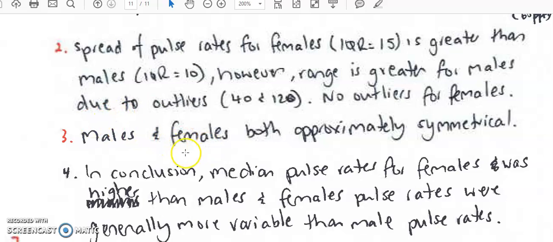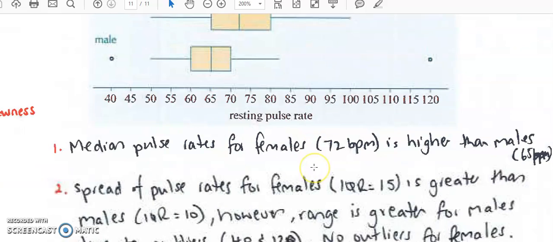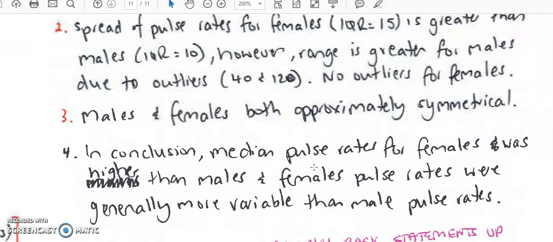You just put a side note that the males' box plot is symmetrical based on the condition that we are not including those outliers. Because of that, we can see symmetry within the box plot. It's very important to note that.